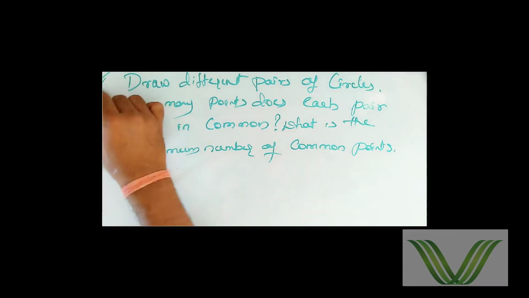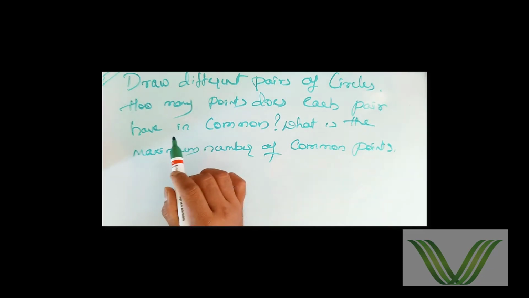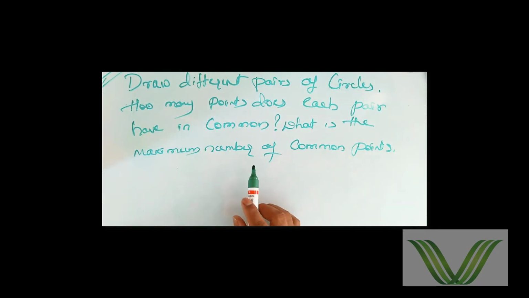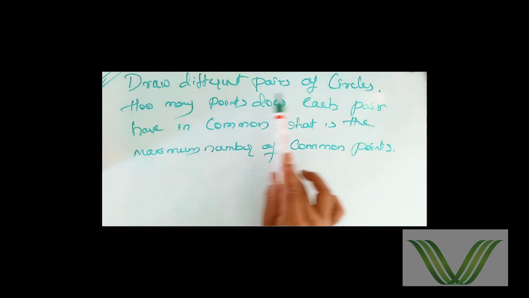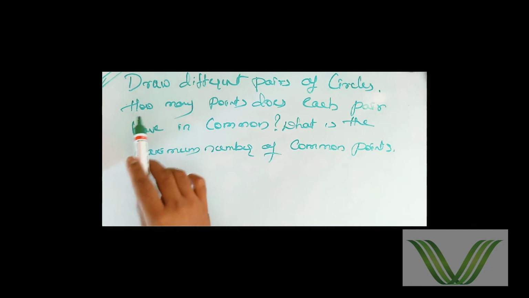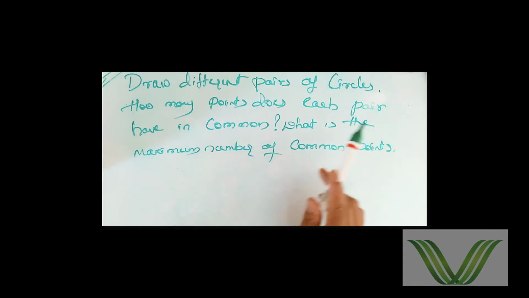Okay, so in order to solve this particular question, let us have a brief of this question. So we need to draw different pairs of circles. In part 1 of the question, it asks how many points does each pair have in common?